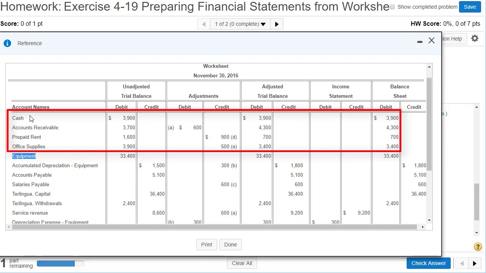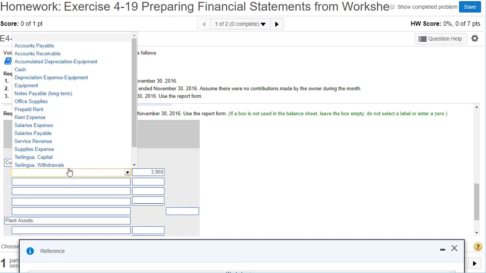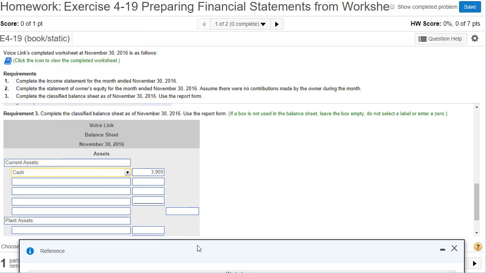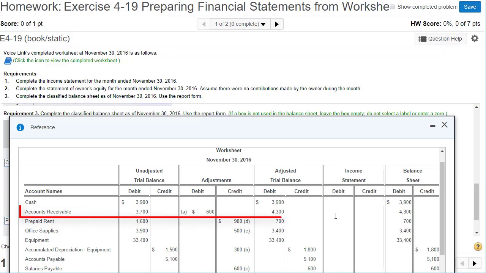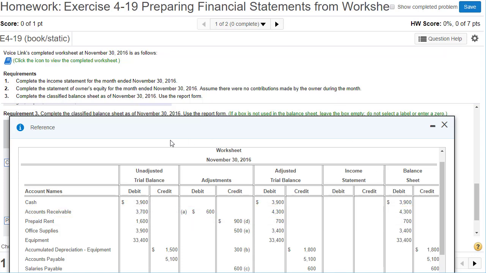So assets are listed in order of liquidity. Liquidity means which ones are going to be turned into cash first. And the last one, equipment, is the one that's going to be turned into cash the slowest, or the furthest into the future. So we've got cash, $3,900. So I'm going to copy cash. And then we've got AR, accounts receivable, of 4,300.